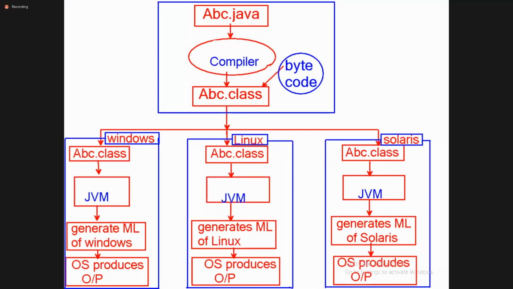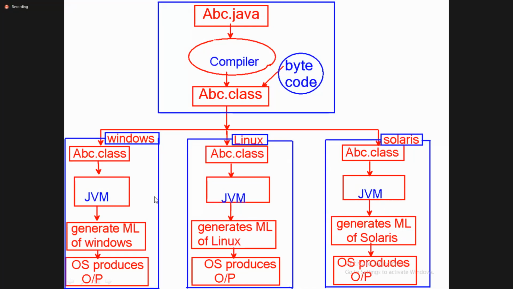Come on. What is the job of JVM? JVM takes the abc.class file, which is bytecode, and generates machine language of Windows. This is the second JVM, generating machine language of Linux. This is the third JVM, generating machine language of Solaris.